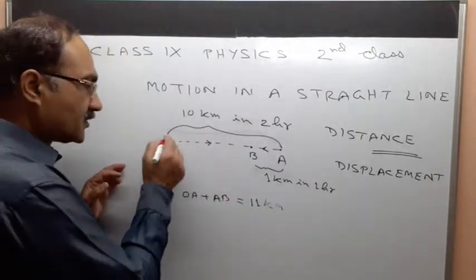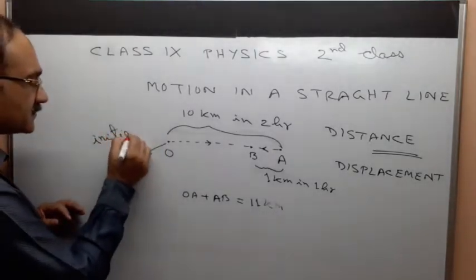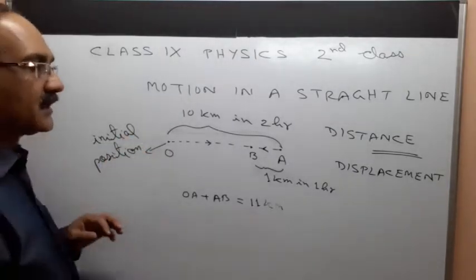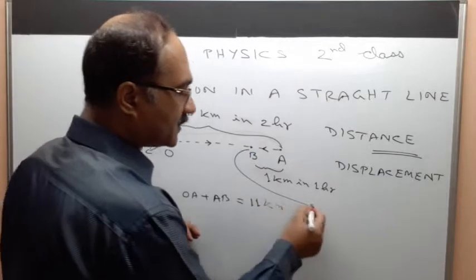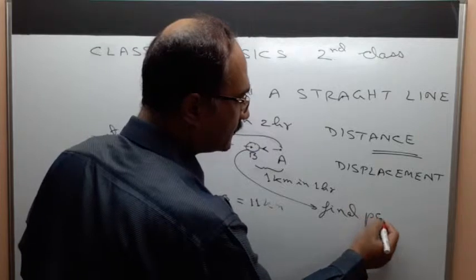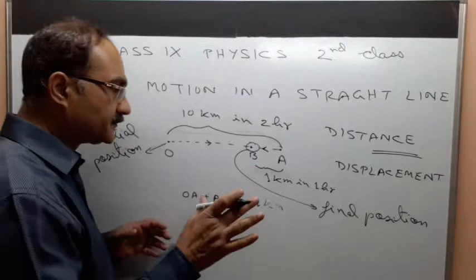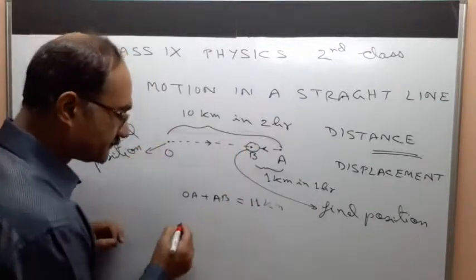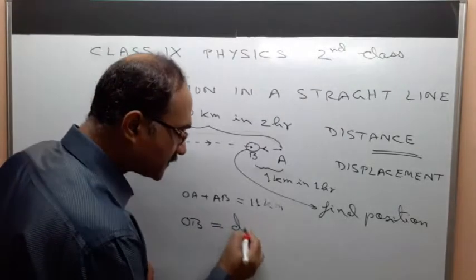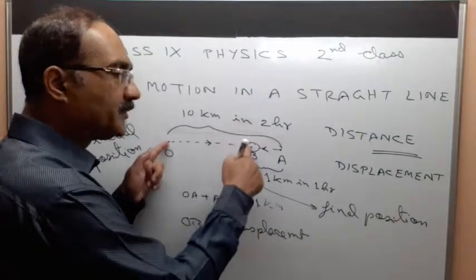See, initially the body was here, so this is the initial position of the body, and after 3 hours it is at B, so this is the final position of the body. So the length of OB will give us the displacement. That means the displacement of the body is OB.